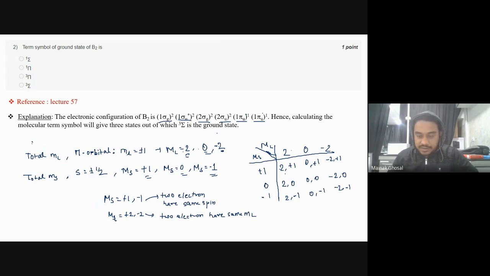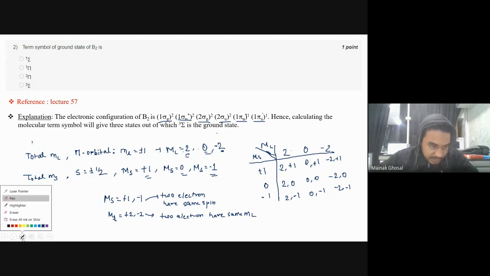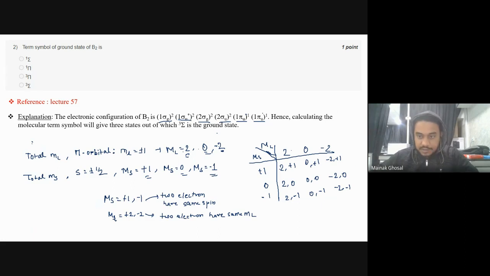So first case, now I am taking this green one. For the first case, ml equal to plus 2, which means two electrons have the same ml, and ms equal to plus 1 means two electrons have the same spin. So same ml, same spin, it will not be considered.